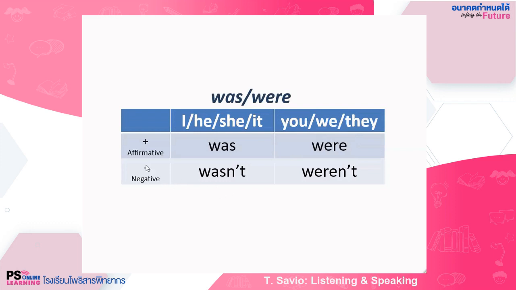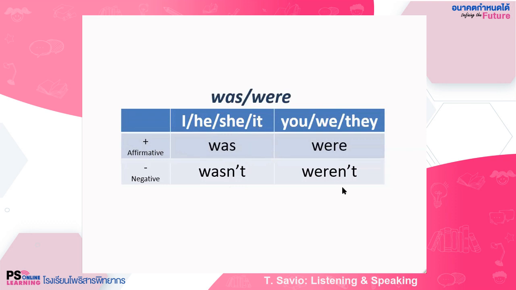And so that is for the affirmative, or the yes part. But if it's negative, was becomes wasn't or was not. I wasn't, he wasn't, she wasn't, it wasn't.